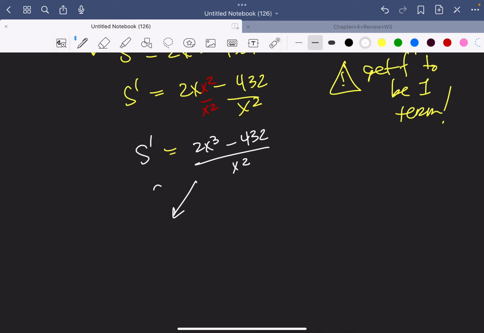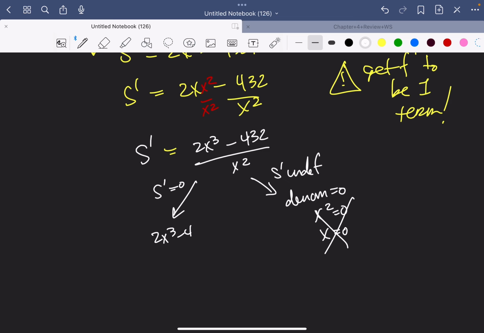So now we have two options: either set it equal to 0 or say where it's undefined. This thing is undefined when the denominator is equal to 0. That would tell us that x is equal to 0, which is garbage in reality. In context, that makes no sense. But then we have 432 equal to this, which means x cubed is 216, and the cube root of 216 is just 6.